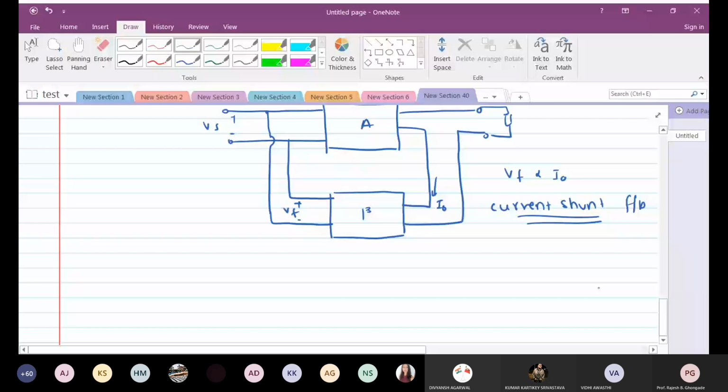Question: what happens to the voltage gain?